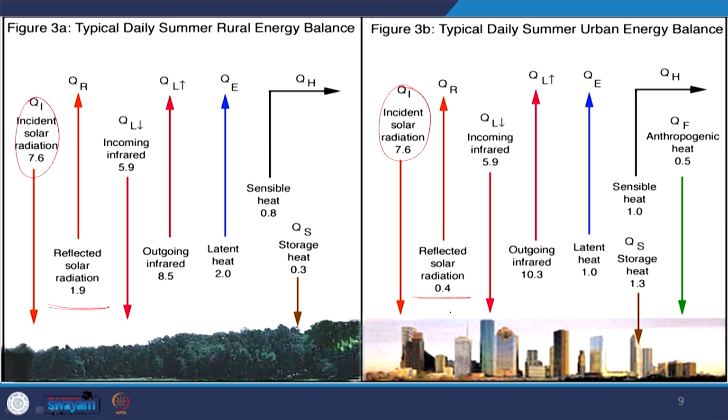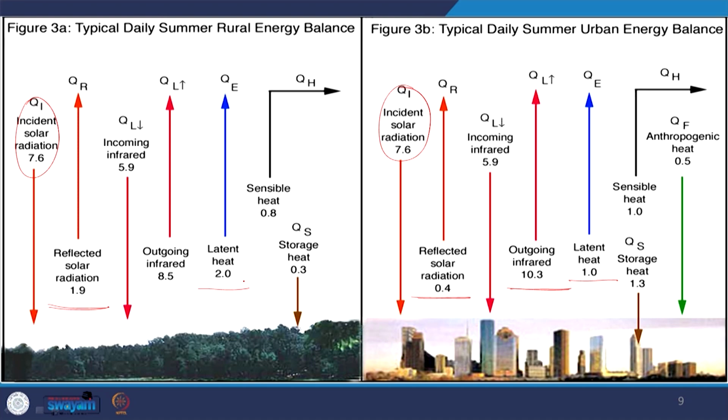And if more heat is absorbed, we know that a lot of heat will be released later in the form of infrared radiation, the long wave radiation, which cannot escape the atmosphere and will be contained within it. So, there will be more heat in the atmosphere causing the urban heat island.